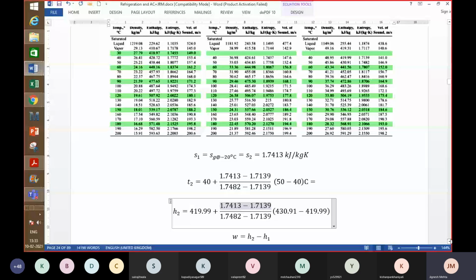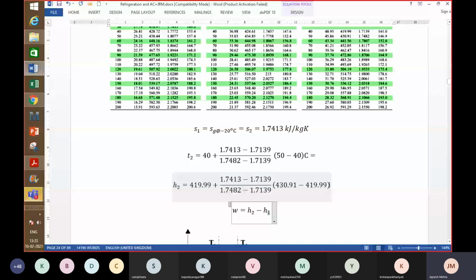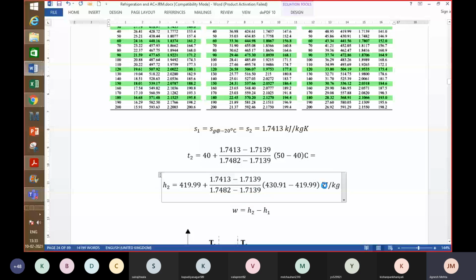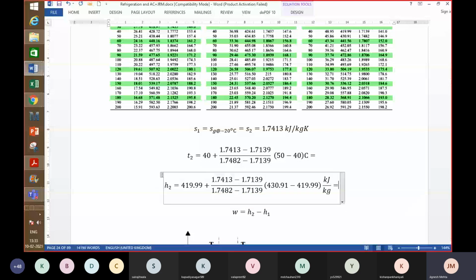Now, how much is the work done in kilojoule per kg? This will be in kilojoule per kg. So at least when you write the final answer, you should be writing the unit. Do not write the values without unit. And W is nothing but H2 minus H1.